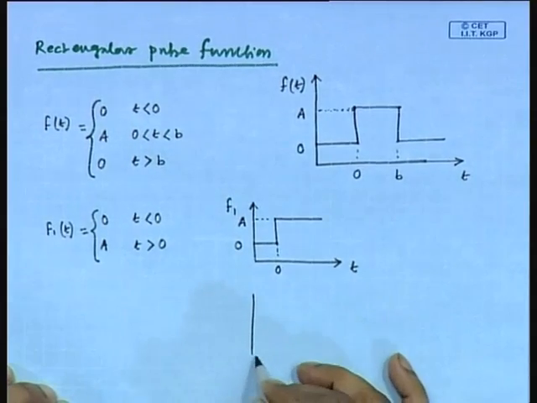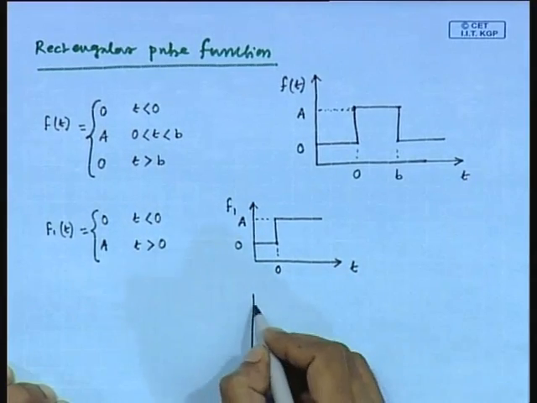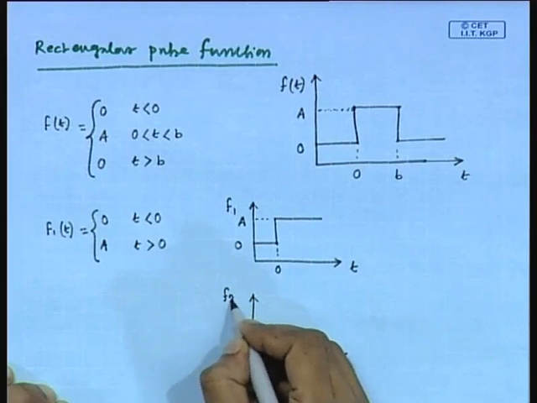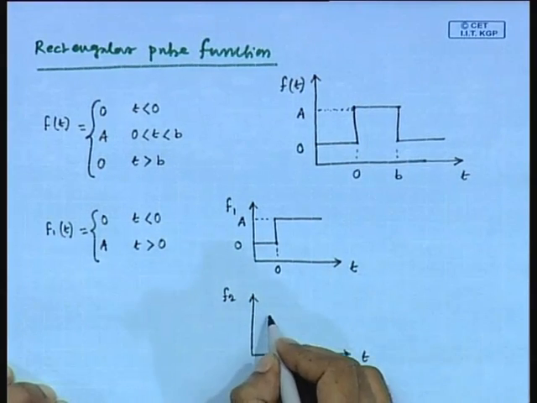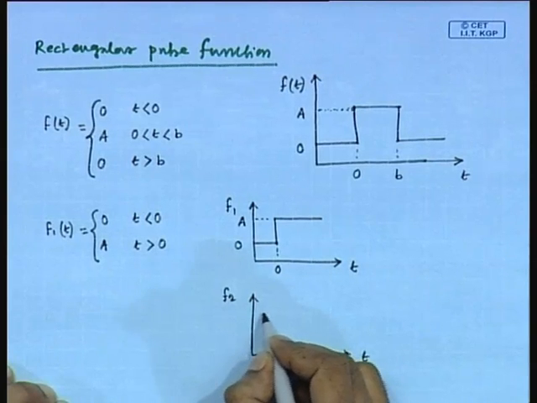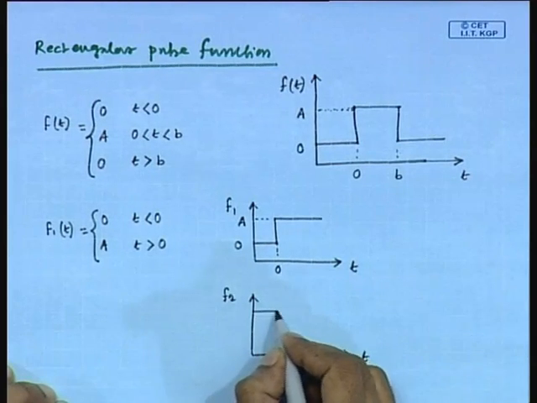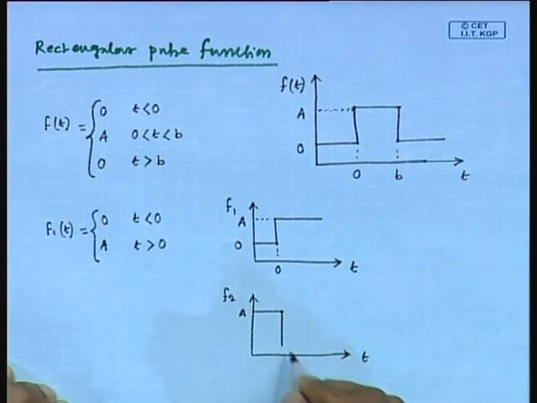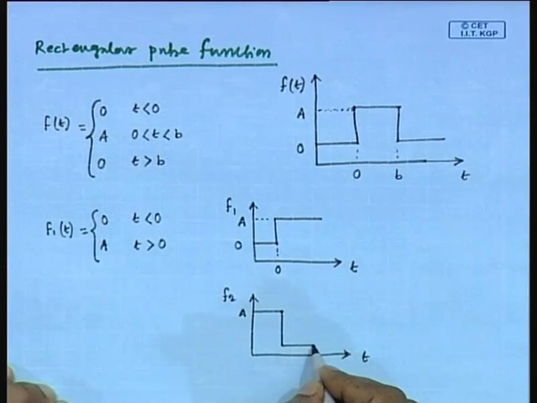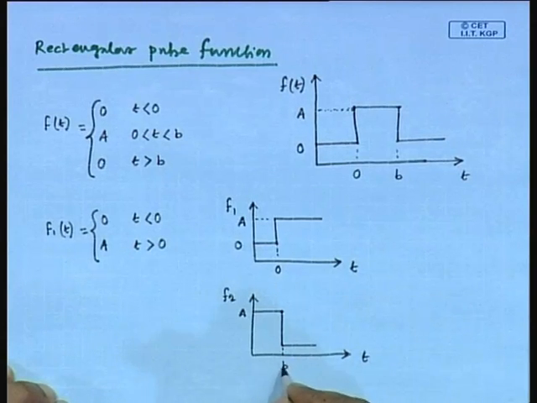Another function is f2 and this is suppose time t. Initially it is at the value of a, then it is coming back to this value and this time is b.